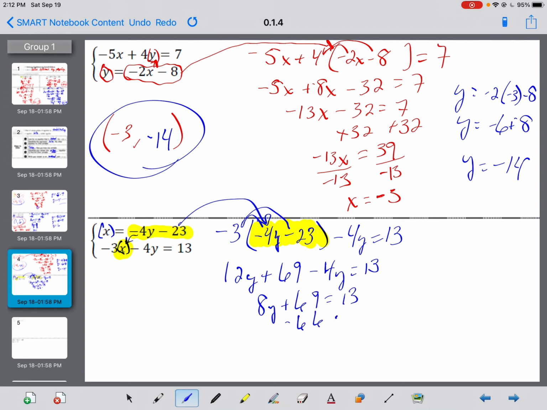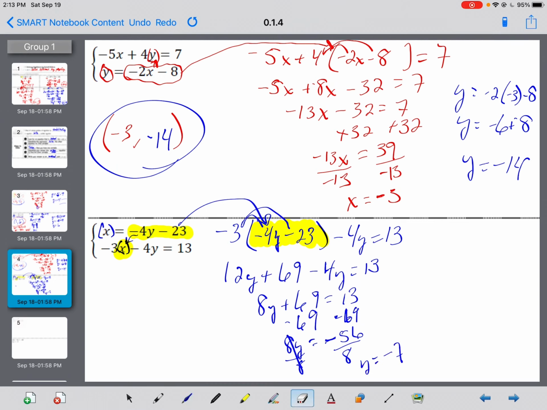Minus 69, 8y equals a negative number. Got to go down 13, down 10 would be 59, and down 3 would be 56, so good, that divides by 8. So y equals -7.